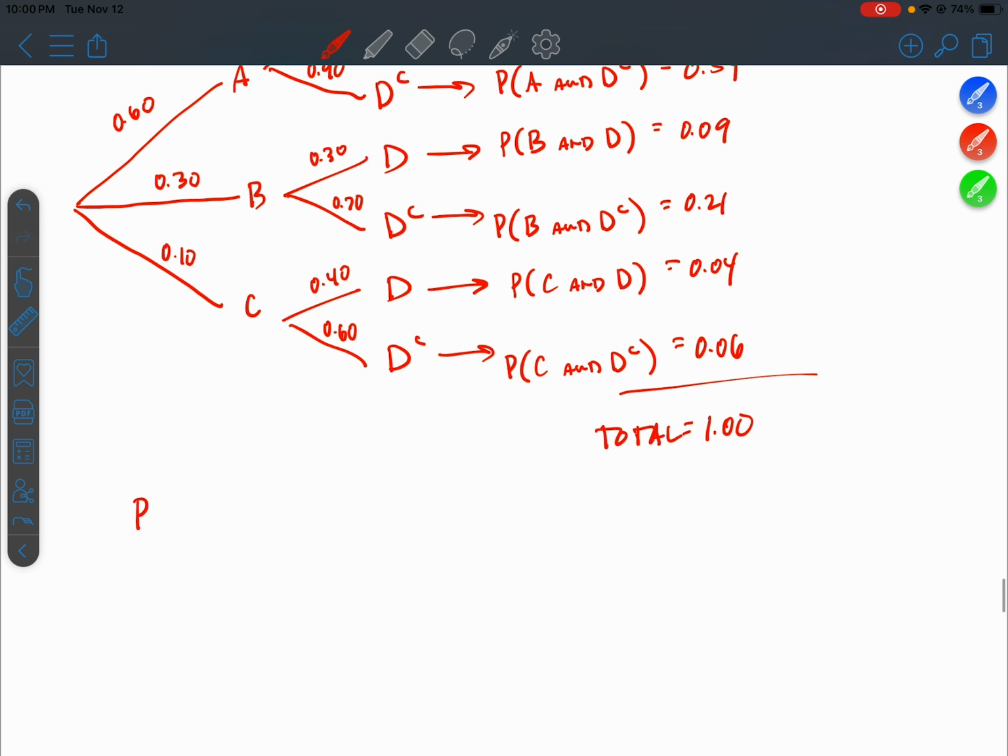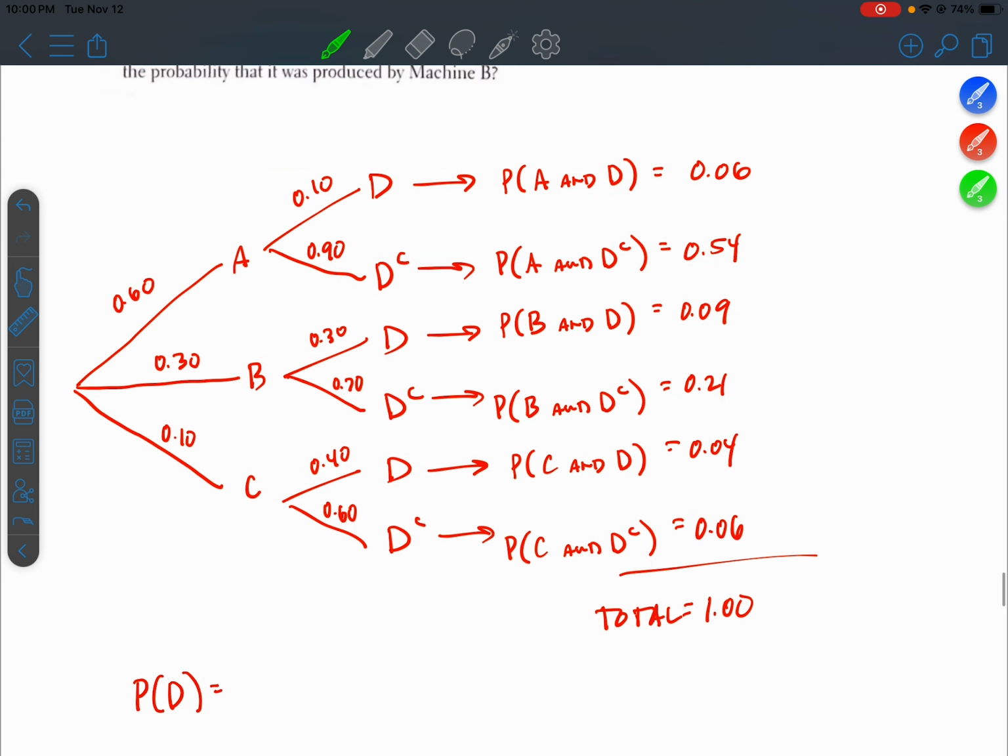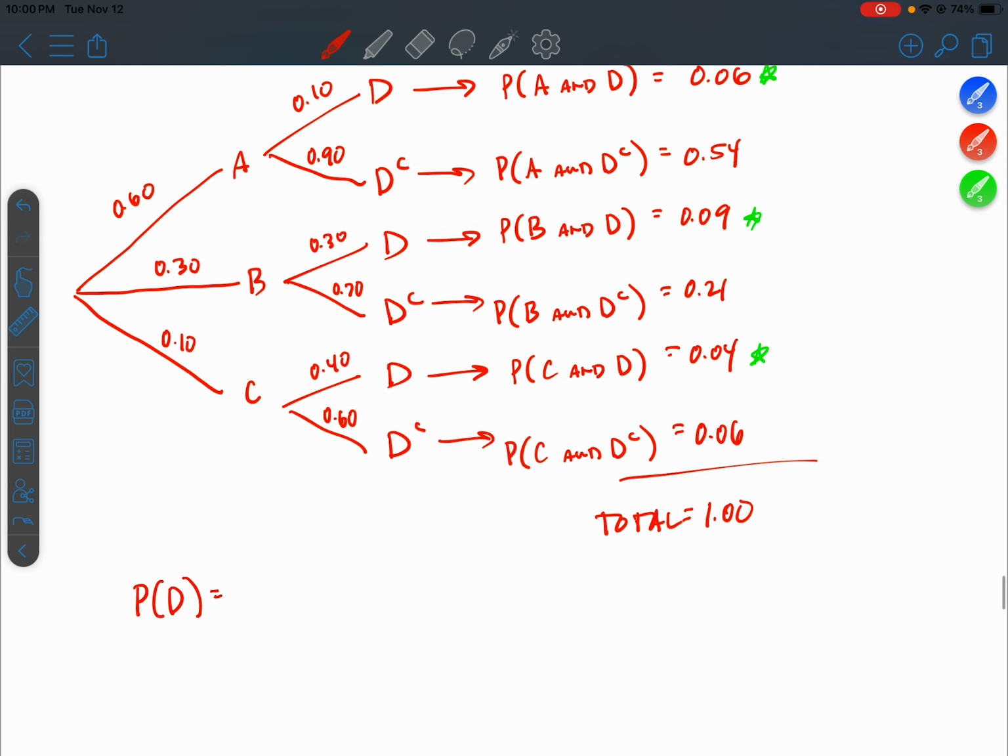Okay, so the probability of a defective part, well, hey, I know that this outcome, this outcome, and that outcome all lead to defective parts. So let's just add those probabilities together. 6% plus 9% plus 4%, that's 19%. All right, so that was part A.